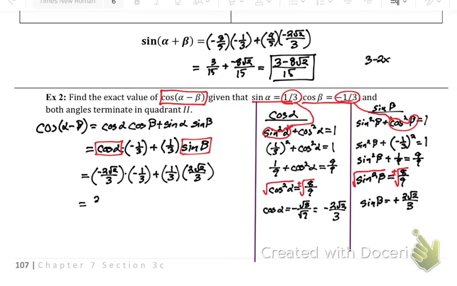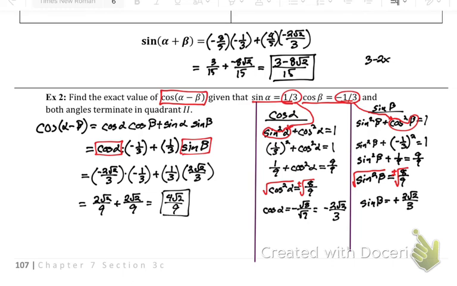So we'll have a positive 2 square root of 2 over 3 times 3, which is 9, plus a positive 2 square root of 2 over 9. If I have 2 square root of 2's and I add 2 more square root of 2's to that pile, how many square root of 2's do I have? I have 4 of them. So you can add them as long as they're like terms. And you can think of square root of 2's as being like terms. So if we keep going, this is going to be 4 square root of 2 over 9.